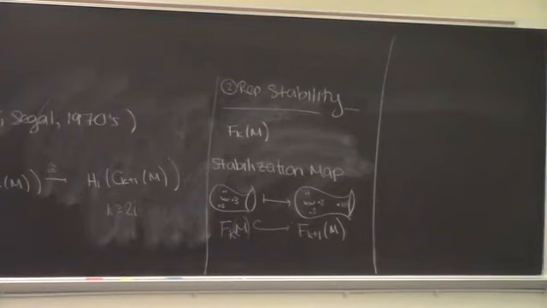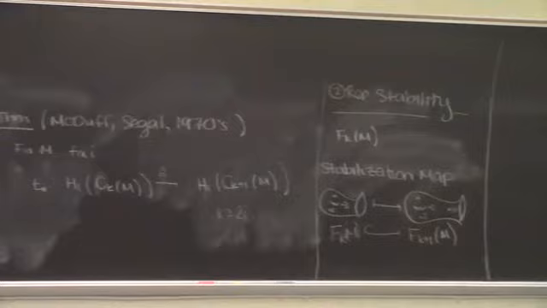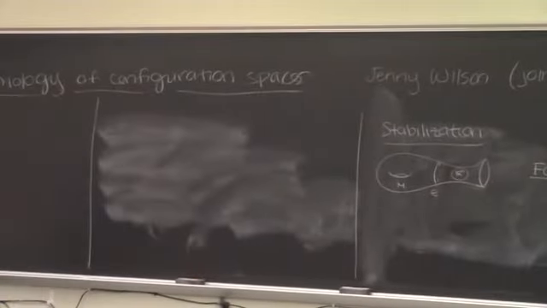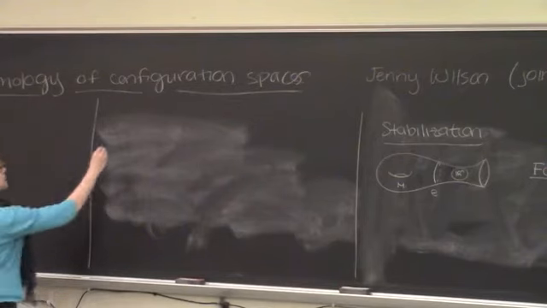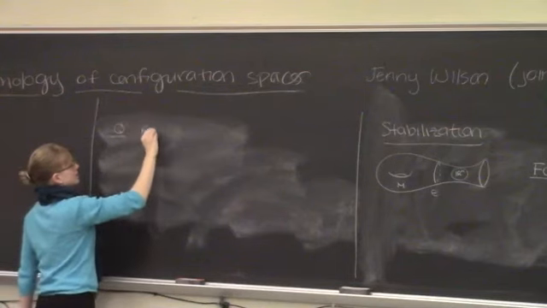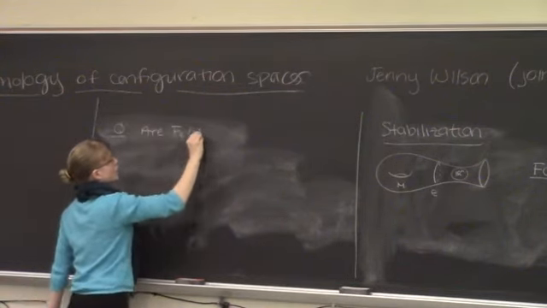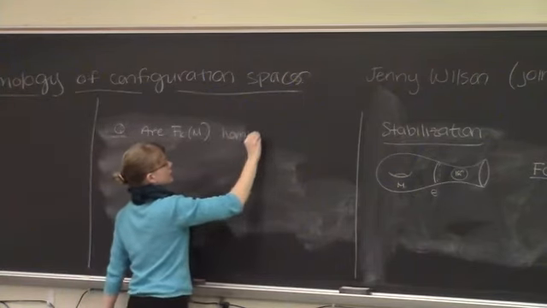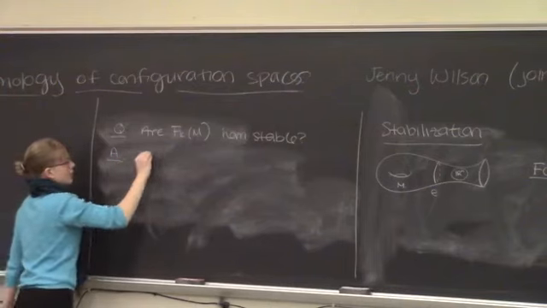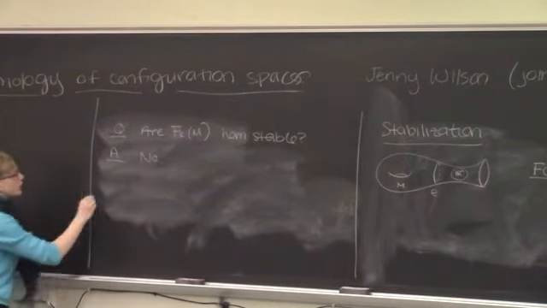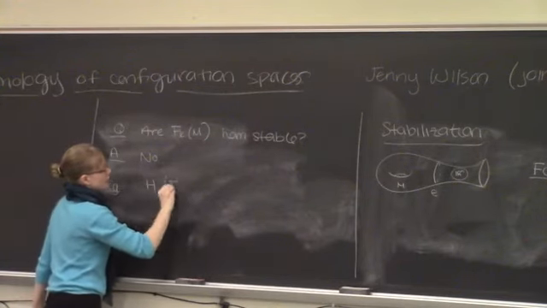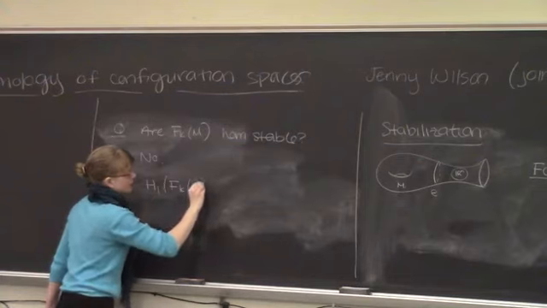But the answer to this question is they are definitely not. We can see this in the most basic example. So the question is, could these ordered configuration spaces be homologically stable? And the answer is no. We can see this even if we look just at the degree 1 homology groups of configuration spaces of the plane.